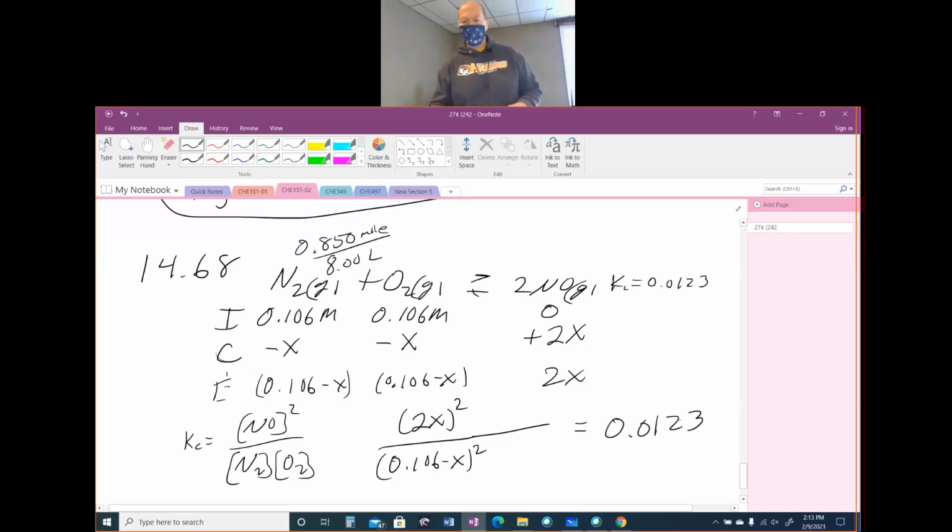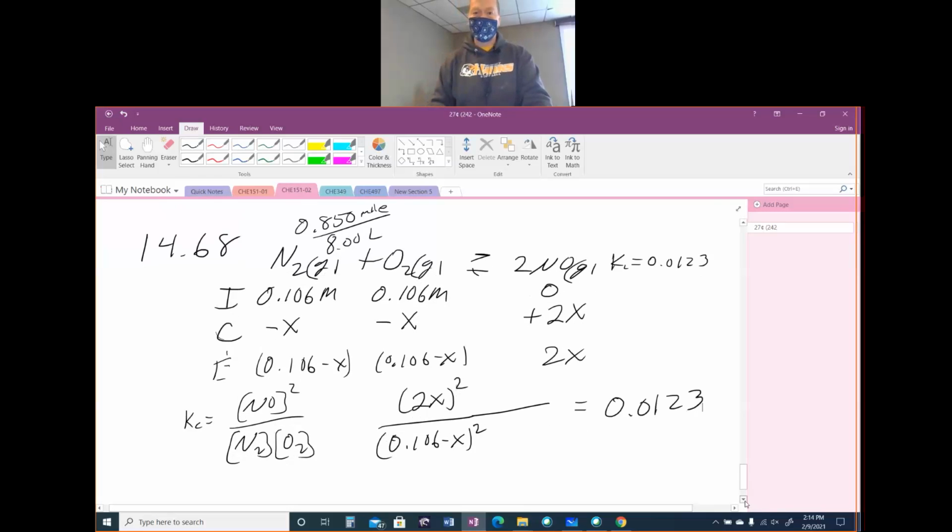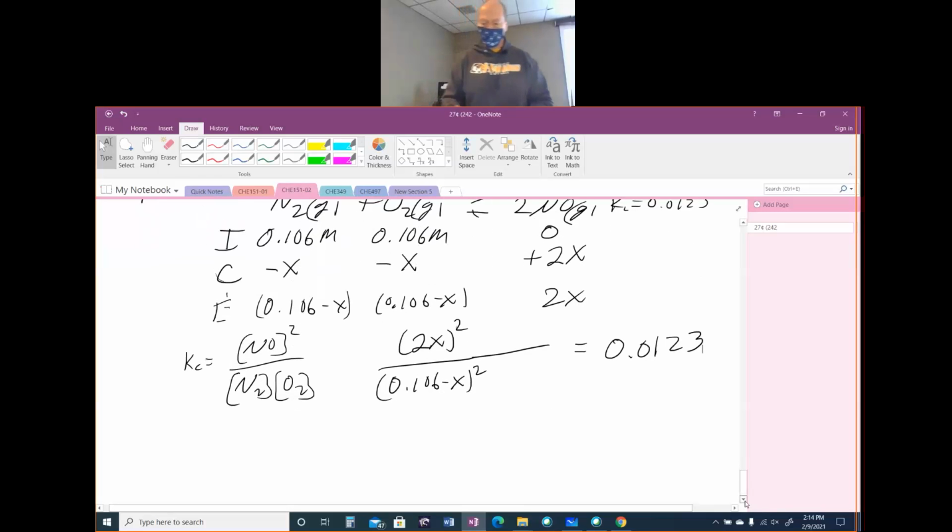All right, and so now we see that we have a perfect square on this side. So can this be done by the quadratic? Yes. Can this be done by successive approximations? Yes. Are those the easiest ways to do it? No. In this case, seeing that you have a perfect square is the easiest way to do this problem. All right, and so you can then take the square root of both sides.